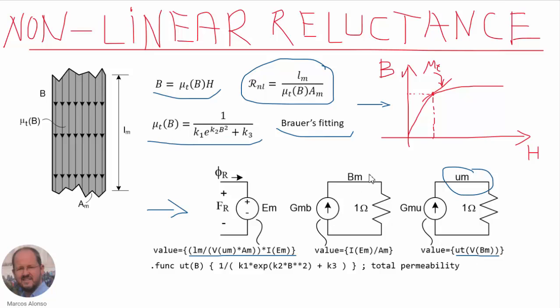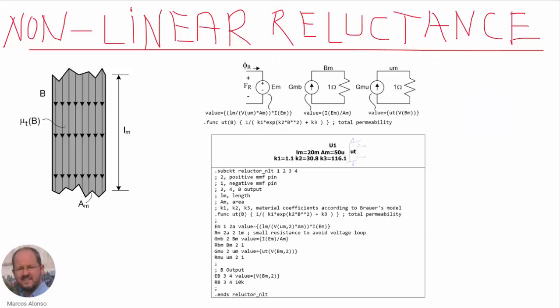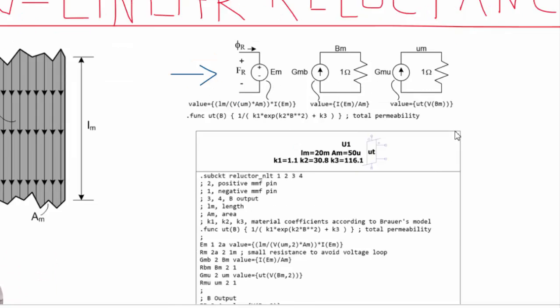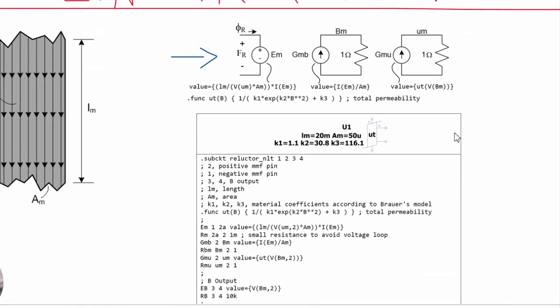And the magnetic flux density is generated by this behavioral current source, whose value is given by the ratio between the current through this voltage source EM, because it corresponds to the magnetic flux, divided by the cross-sectional area of the material. This slide shows the implementation of this equivalent circuit that we have just seen, and we can see here all the corresponding implementation.